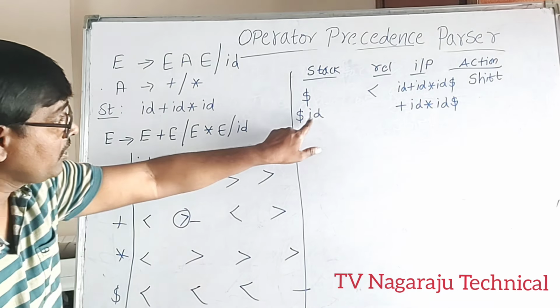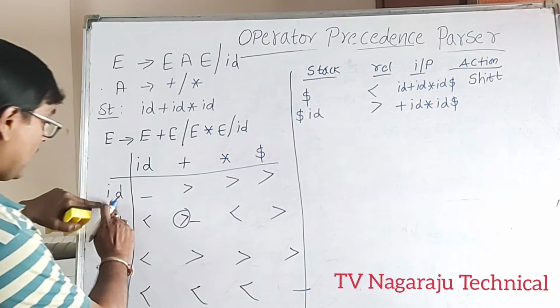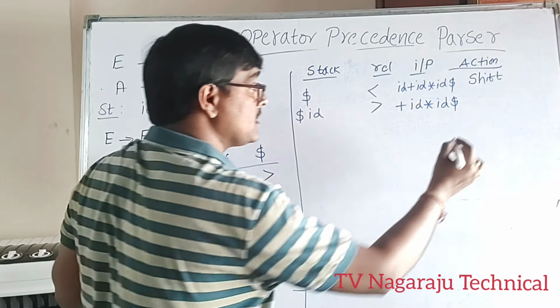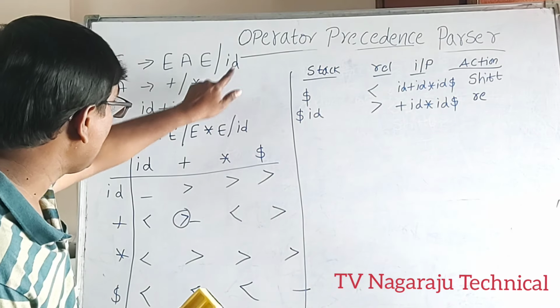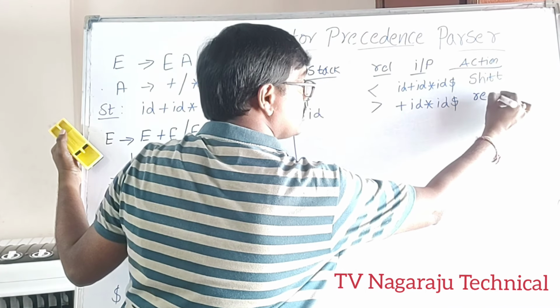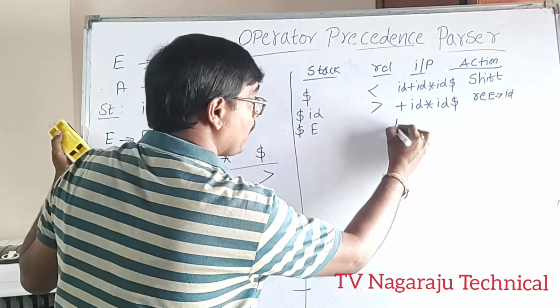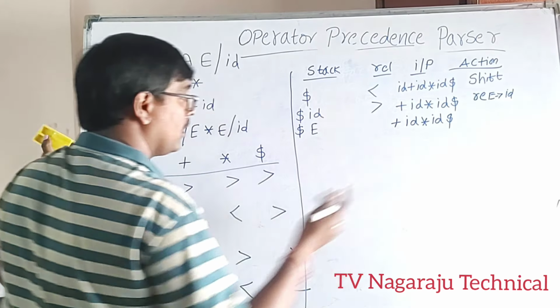Now, the top of the stack is ID, which is greater than plus. If the top of the stack is ID, then what are we doing? Reduce operation. So ID is reduced to the non-terminal: E tends to ID. Now, dollar E plus ID star ID dollar.